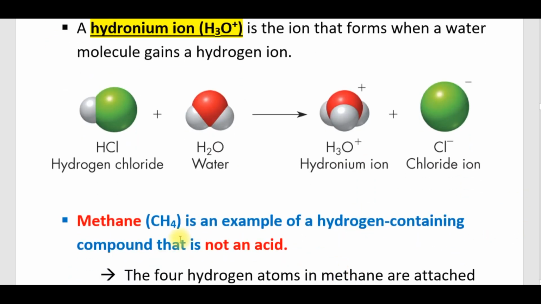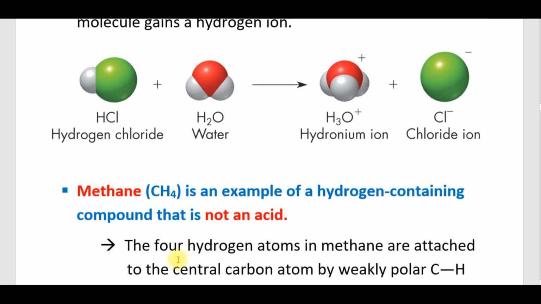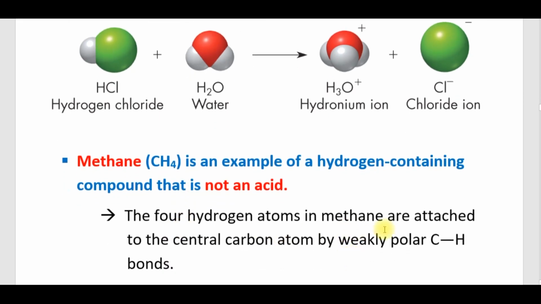But in the case of methane, methane is also an example of a hydrogen containing compound, but it is not an acid. Why? The 4 hydrogen atoms in methane are attached to the central carbon atom by weakly polar carbon-hydrogen bonds. Here the hydrogen is not attached to a highly electronegative element; a carbon is attached to the hydrogen. Therefore, it is a weakly polar bond.